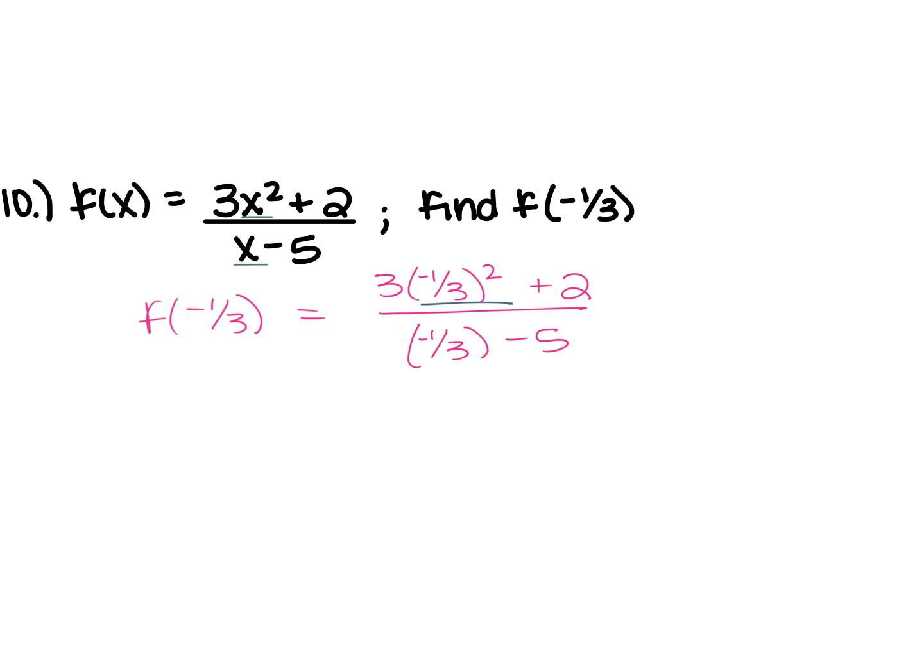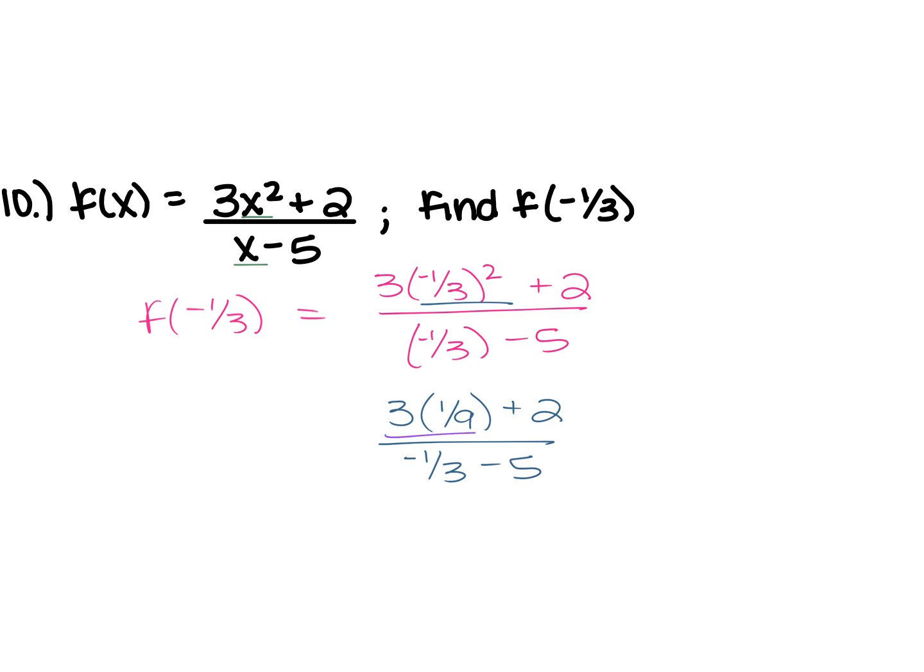Simplify the negative 1/3 squared first. So negative 1/3 times negative 1/3 is going to give you a positive 1/9. So that's 3 times 1/9 plus 2 over negative 1/3 minus 5.